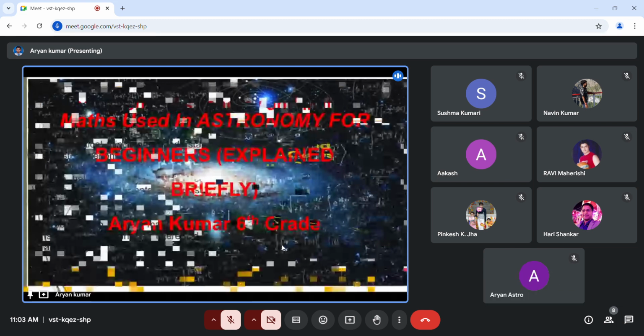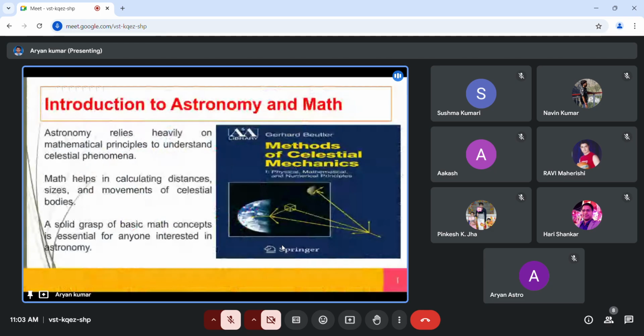Astronomy relies heavily on mathematics to understand celestial phenomena, like the notations, which are used to represent numbers. Maths helps in calculating distance, size, and movement of celestial bodies. So a solid grasp of basic maths concepts is essential for anyone interested in astronomy.